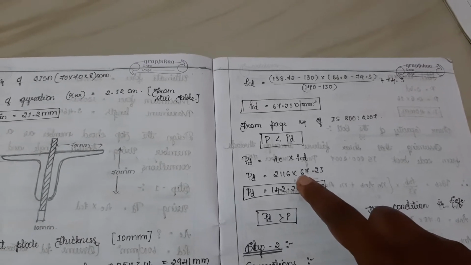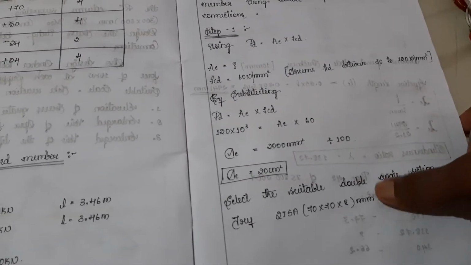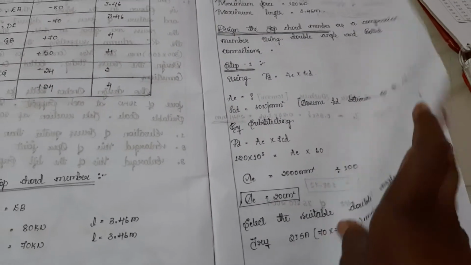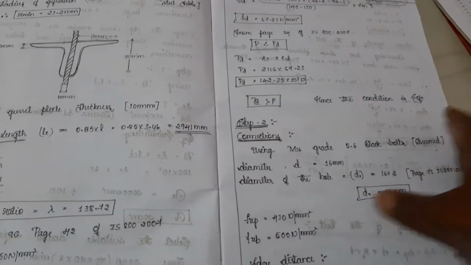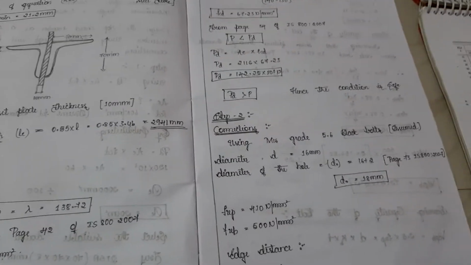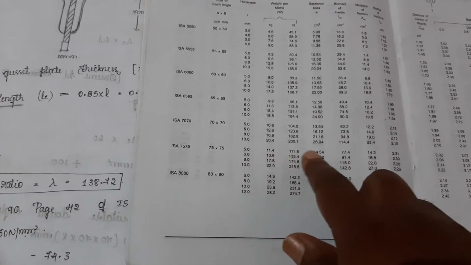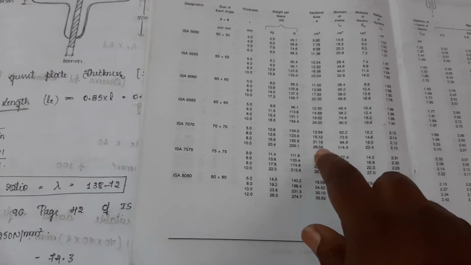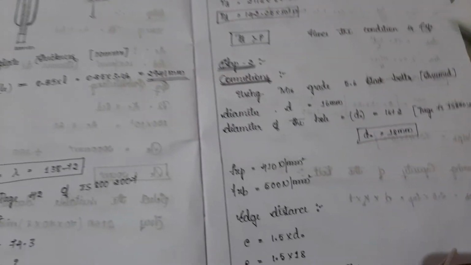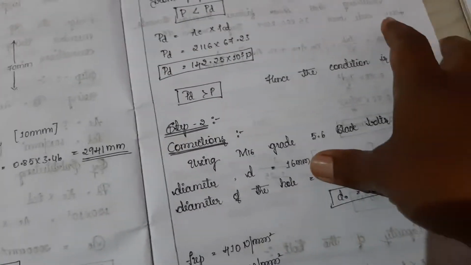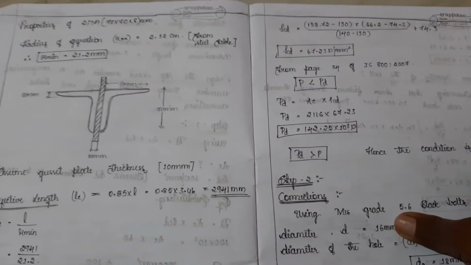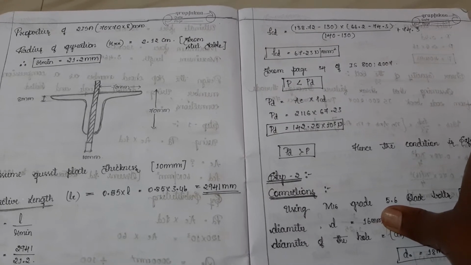Ae is known, for the angle you have selected, 70 by 70 by 8. What was your Ae area value? For 70 by 70 by 8, your Ae value was 26.04, is it not? So the same thing is selected here. Ae is 21.16, it has come.